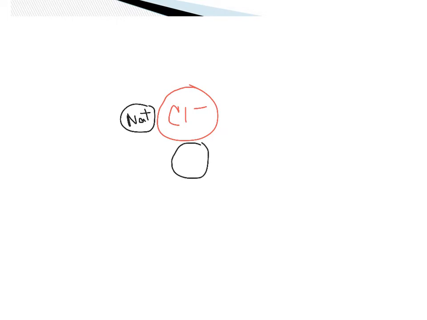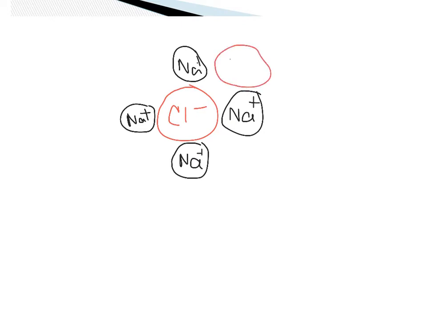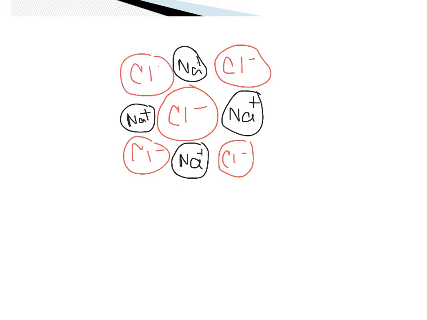So we've got another sodium, and I've got all my sodiums surrounding the negative chlorine, and I'm going to surround that with some more chlorines. This is because anytime we've got a positive thing, it's going to be attracted to the negative thing.